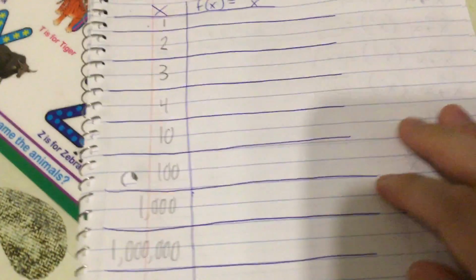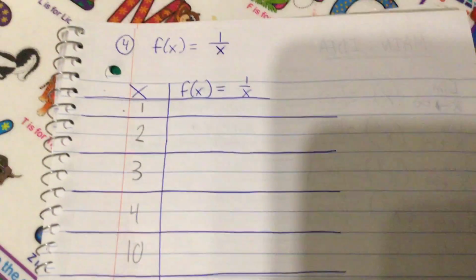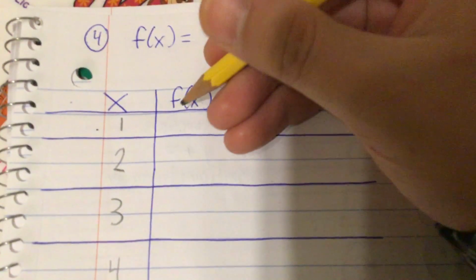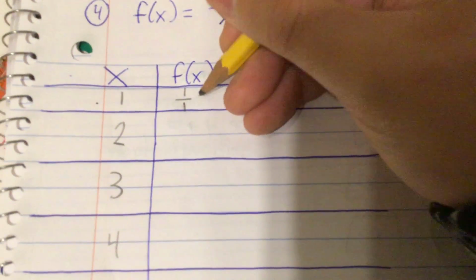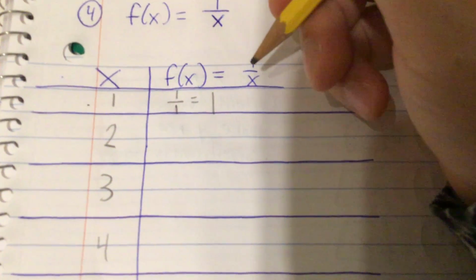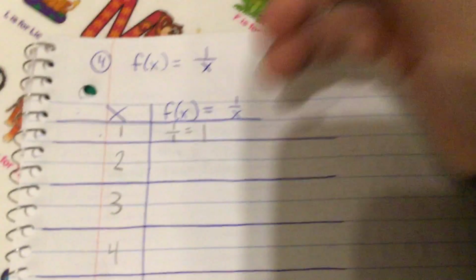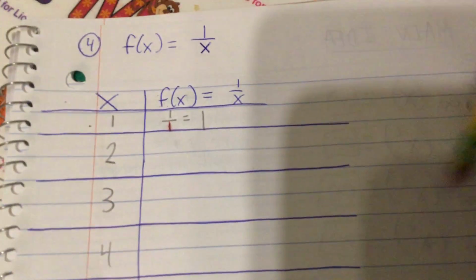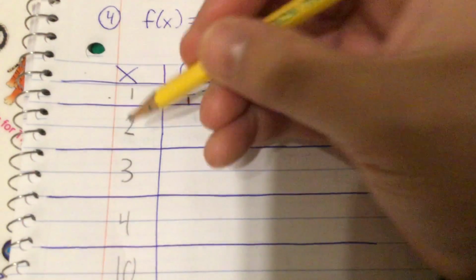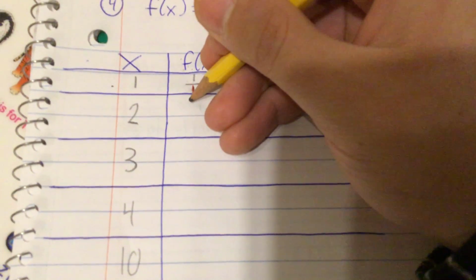Okay. So as I start to plug in, I've got 1 over 1, which is, well, 1. Let me put that in red. Okay. Now I'm going to plug in x equals 2.